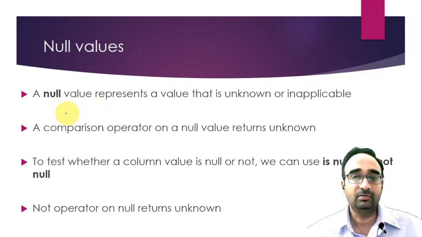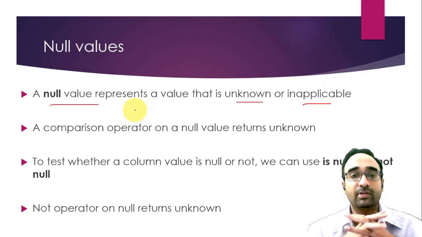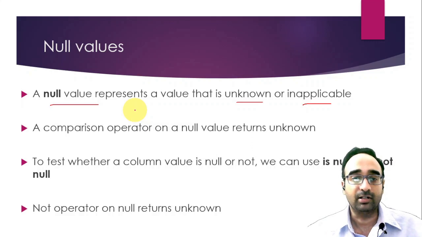So first of all, what is a null value? A null value represents something that is unknown or inapplicable. For example, let's say you are registering on a website and the website is asking you to give your passport number.